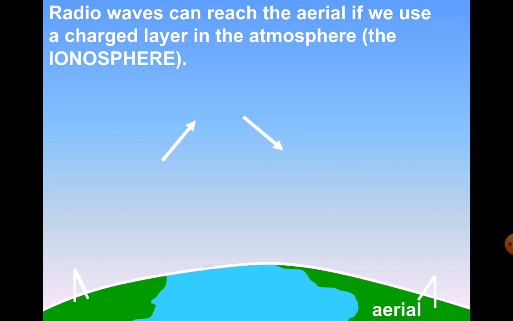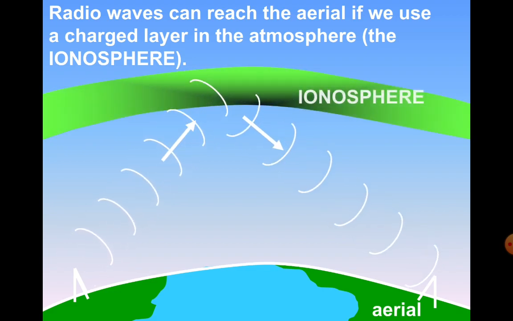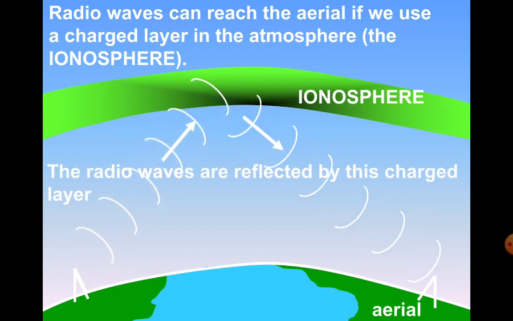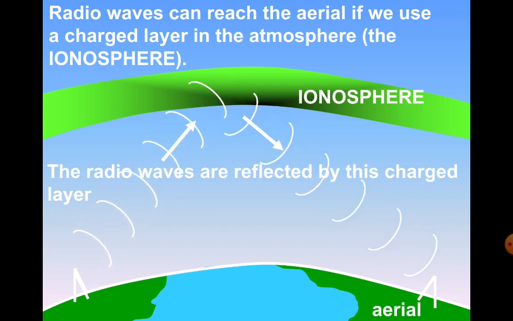And remember, all different types of waves can be reflected. These are special waves, and with a special radio you can receive a signal from the United States, and this goes because of the reflection due to the ionosphere. But you need a very special radio for that.